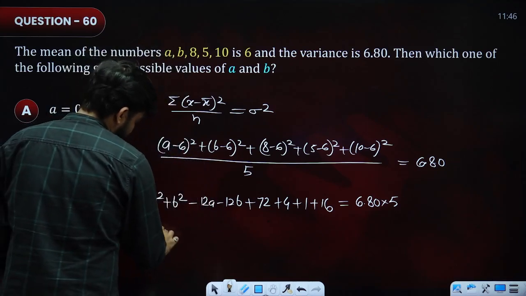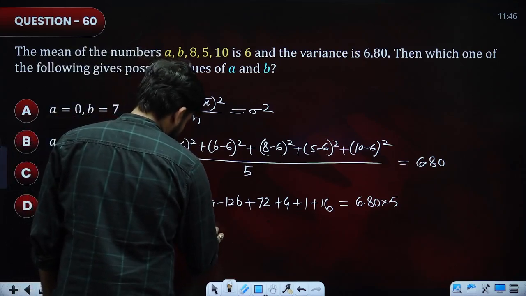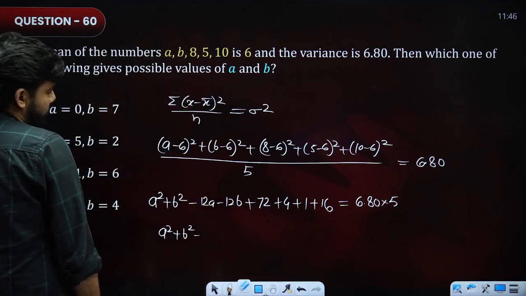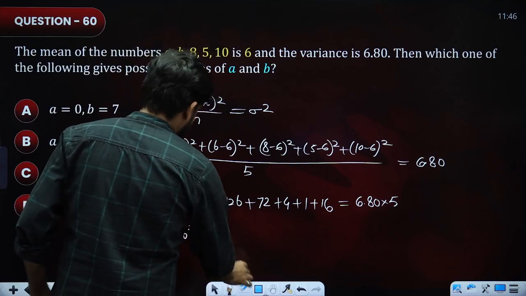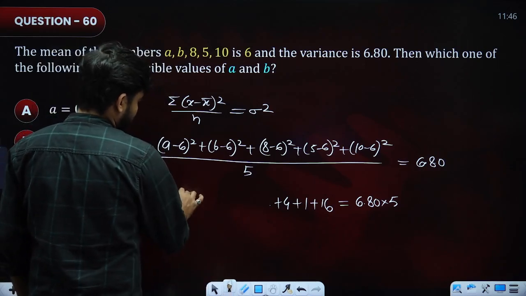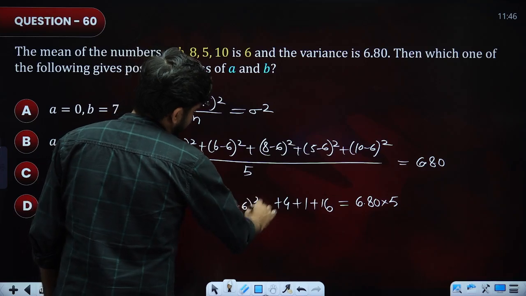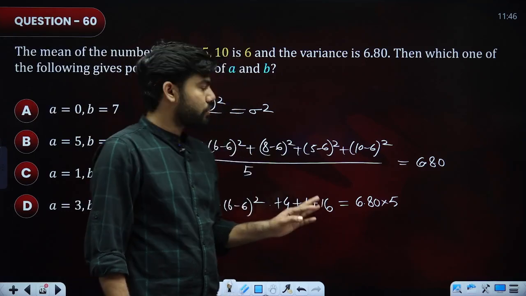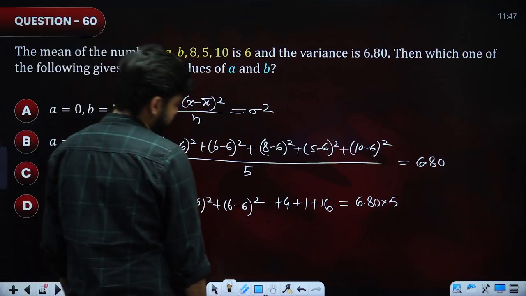Now we can write A square plus B square. We have to find the value of A and B, correct? Okay, currently just write it simply as A minus 6 square plus B minus 6 square, just write it like this. 8 minus 6 is 2, 2 square is 4, minus 1 square is 1, and 4 square is 16.